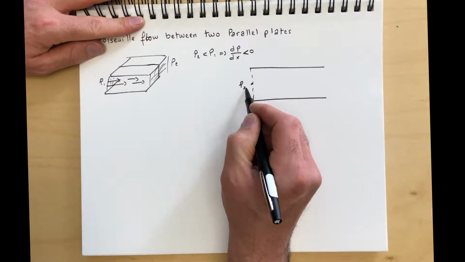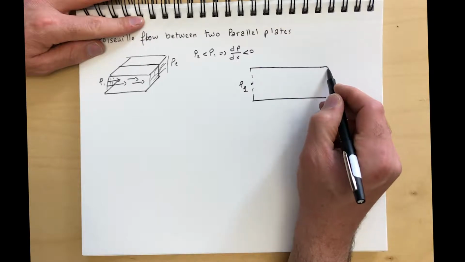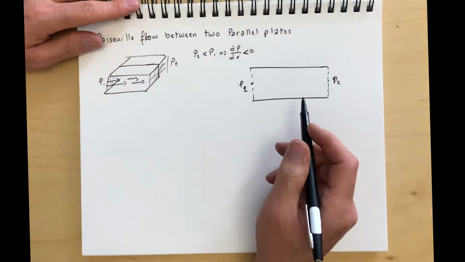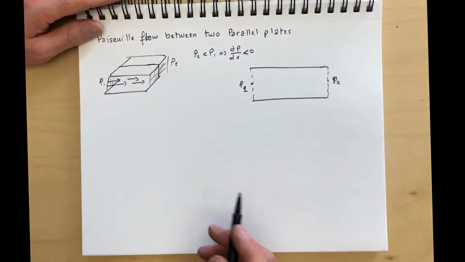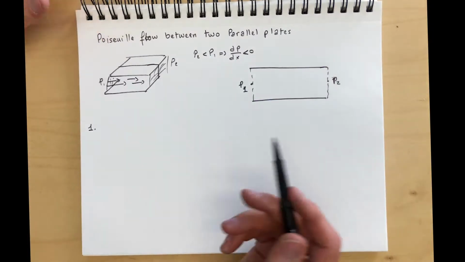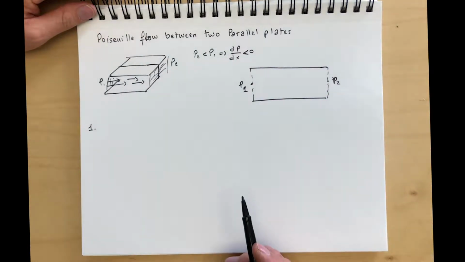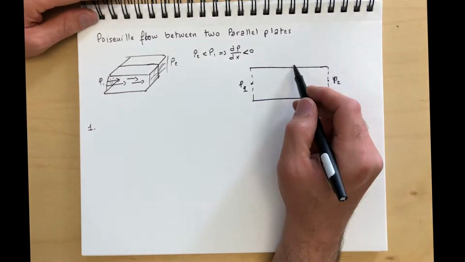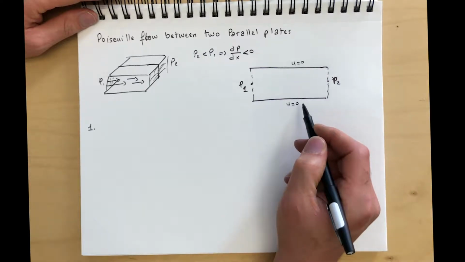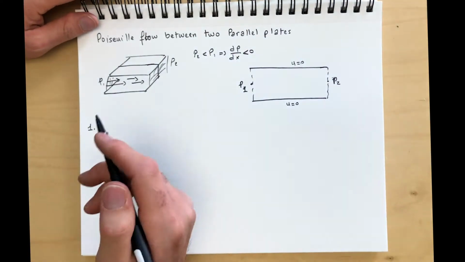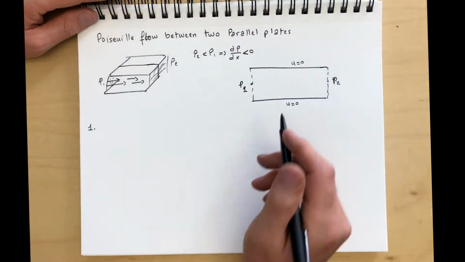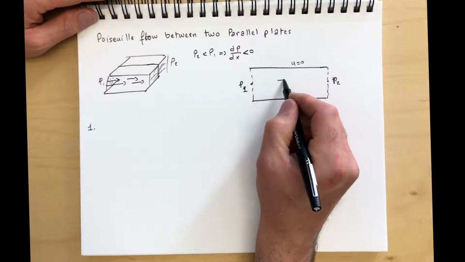This is P1, and this is our P2. And following our standard strategy, for the first step, we're going to sketch what we expect the flow to look like. And in the absence of anything driving the flow, so U equals 0 over here, U equals 0 over here, and in the absence of any effects in depth and vertical effects, there's only unidirectional flow in this direction.